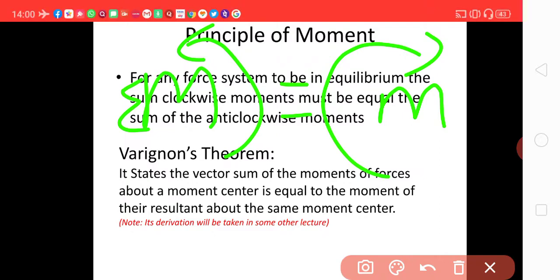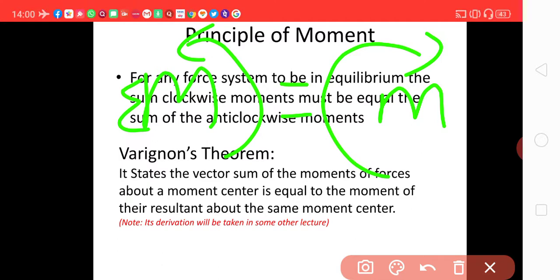Now one is left, that is the moment of the forces. The summation of clockwise moments is equal to the summation of anticlockwise moments. This is called the principle of moment. I think I am clear now.